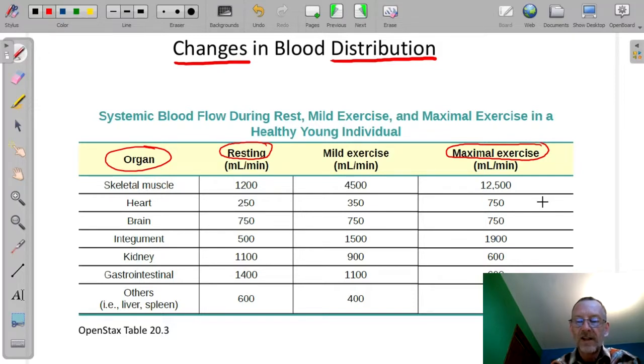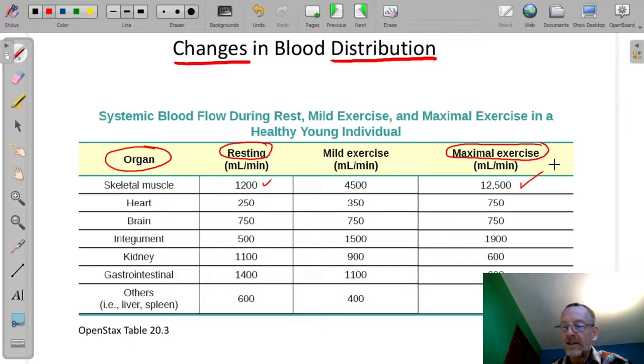When at rest, lying on the couch, approximately 1.2 liters of blood is going to your skeletal muscles. When you start exercising hard, you can increase that blood flow up to about 12,500 mils, so 12.5 liters of blood a minute. About a tenfold increase in blood to the skeletal muscles.